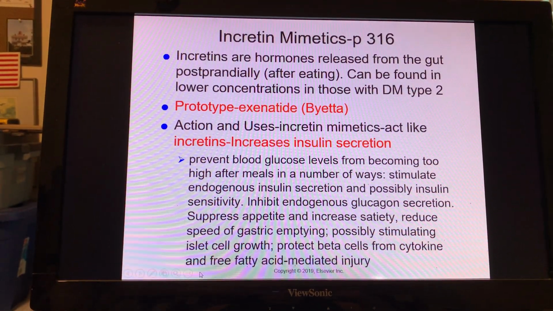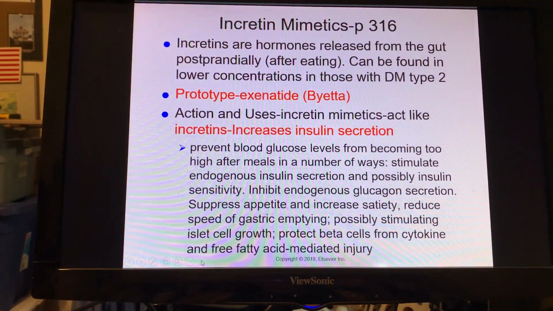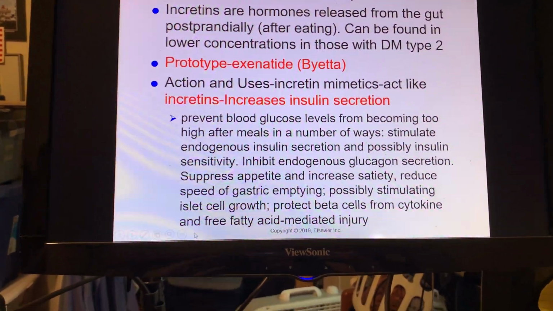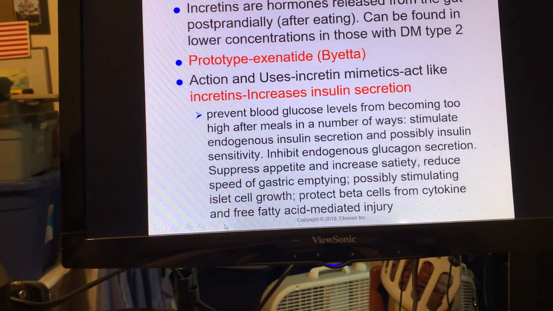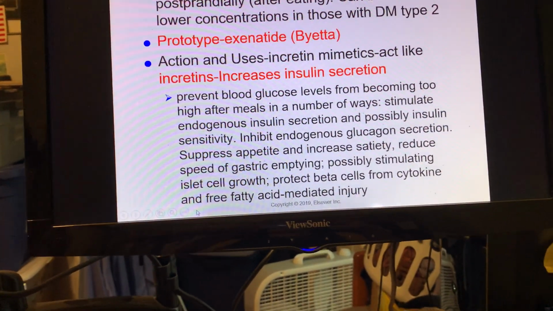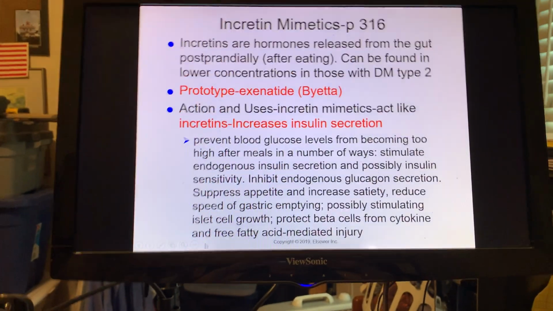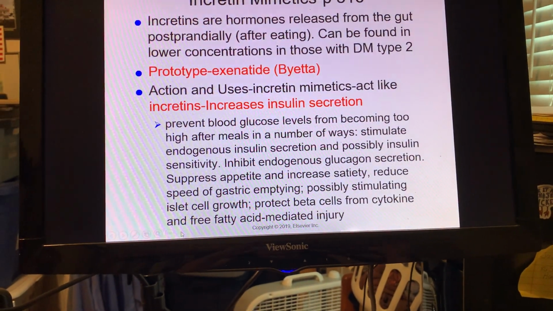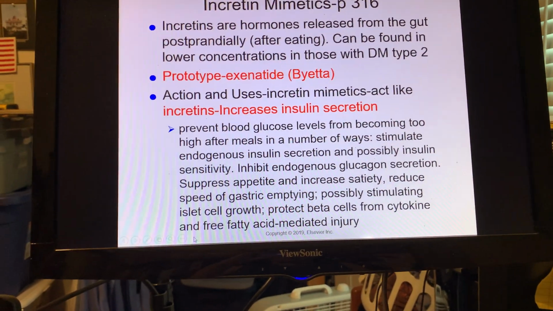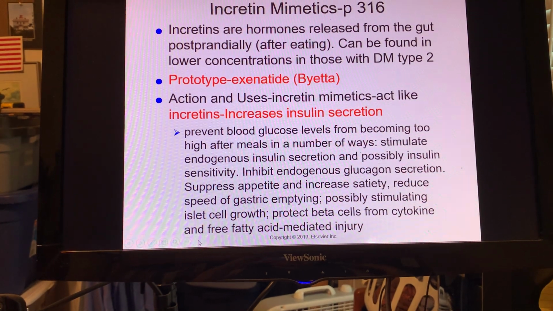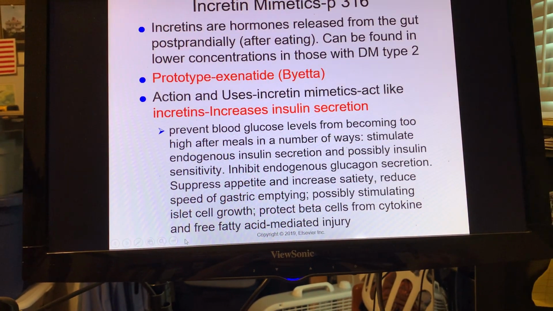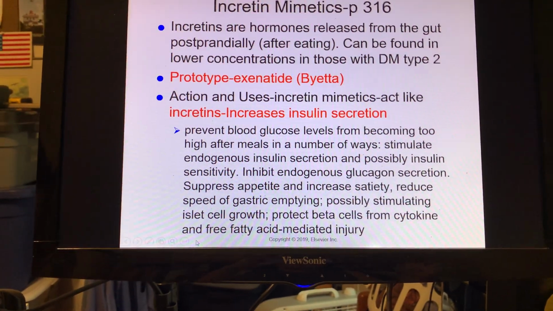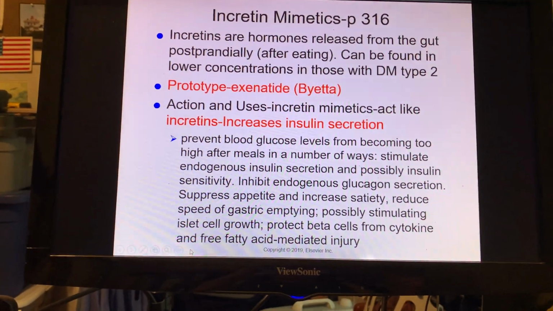And if you are not emptying things as quickly, you slow down the amount of insulin that is needed right off the bat, so the body can kind of respond more normally. It's thought to protect beta cells from inflammatory injury. So it does a lot of really, really good things.